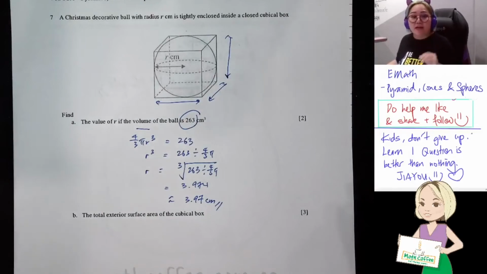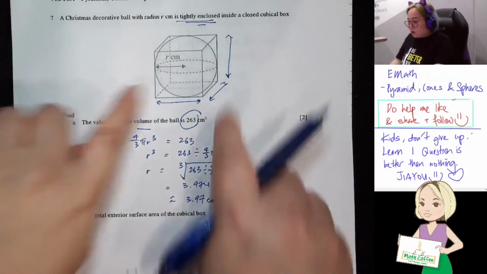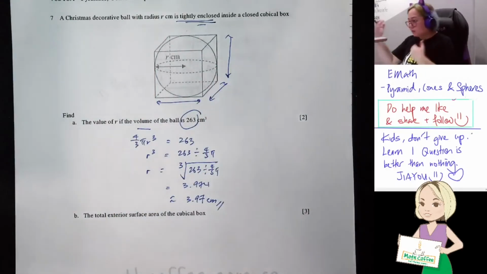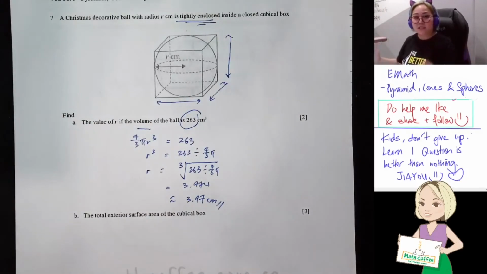But how am I going to find it? Actually, it is just the diameter of the sphere, because they say enclosed tightly. It means that the ball touches the cube all round, the top, bottom, side, it all touched nicely. So the length of the cube is the same as the diameter of the ball.